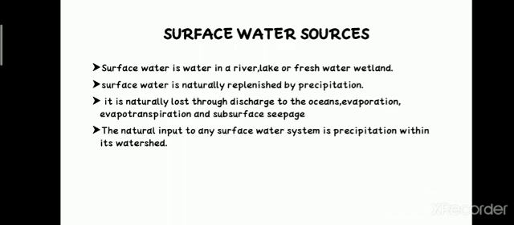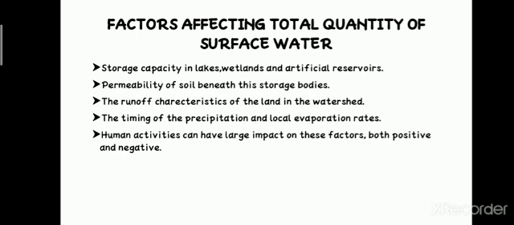Now, the total amount of surface water is usually calculated by taking the total amount of water that is collected in the catchment area or the watershed area. Many factors affect this total amount of surface water. We'll see which are those factors.